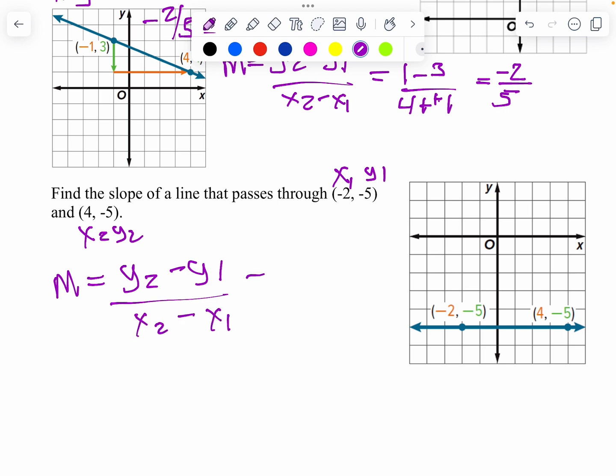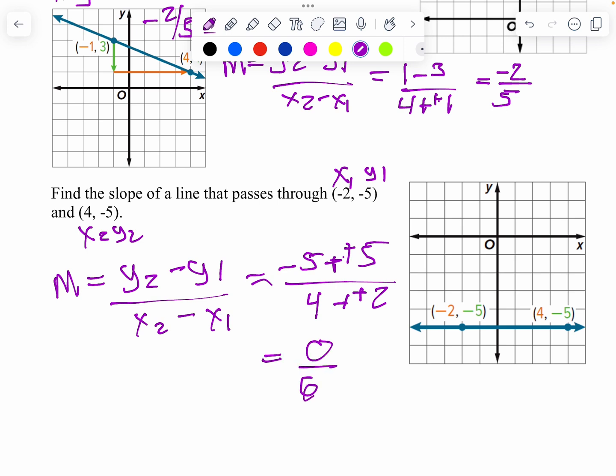Write this formula down until it becomes automatic, that is, you can do it without even thinking about it. So we're going to say negative 5 minus a negative 5 all over 4 minus a negative 2. Change those to pluses so I get 0 over 6.